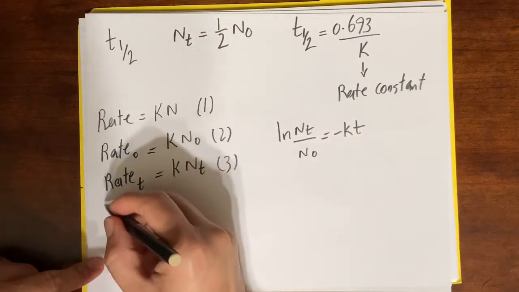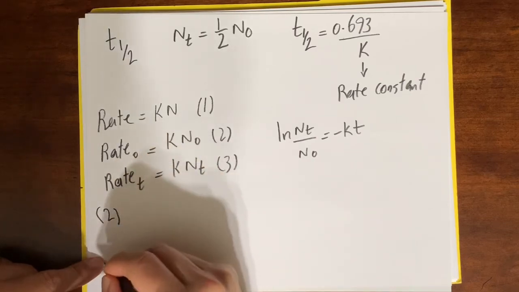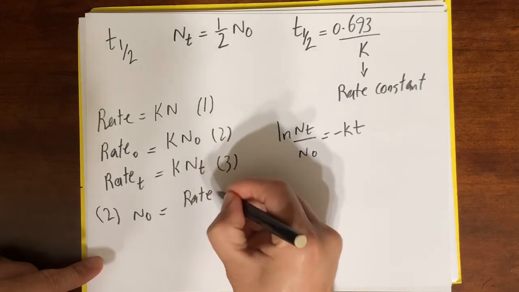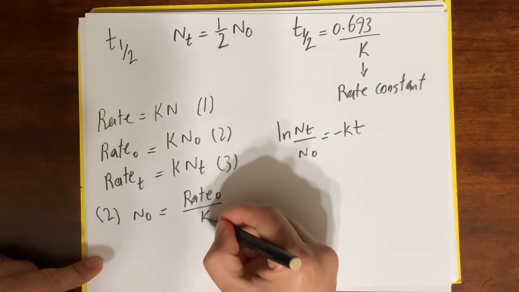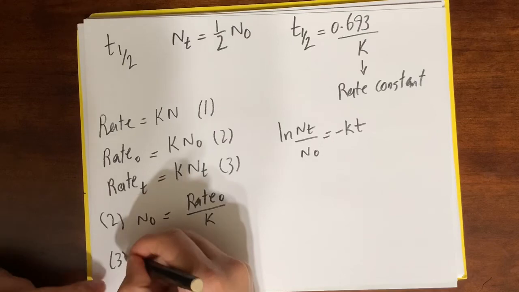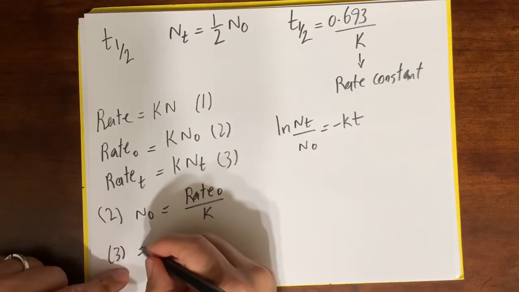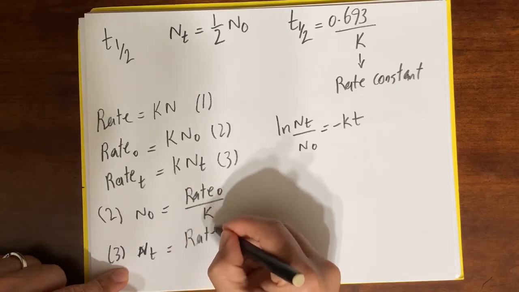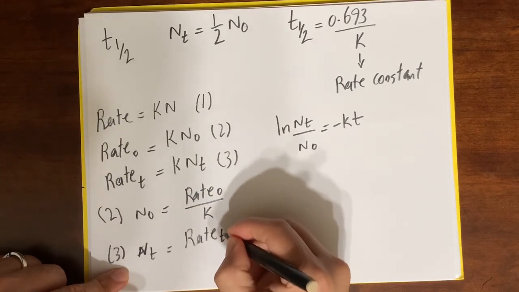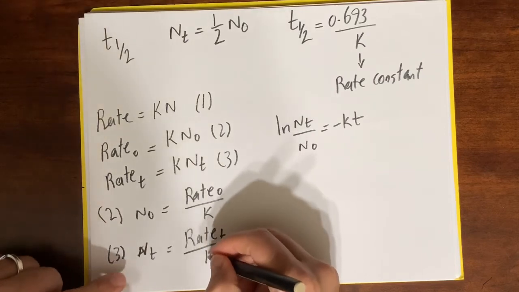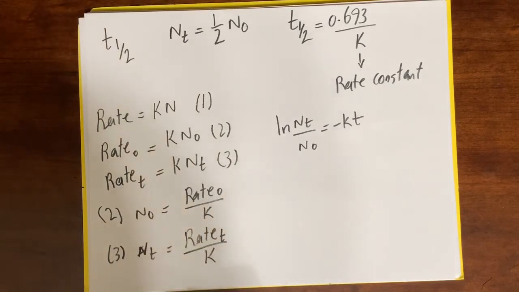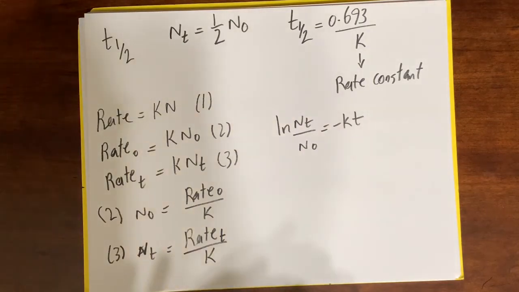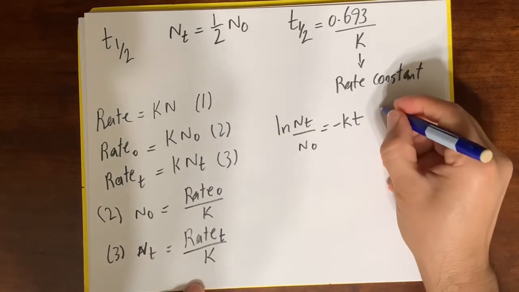So from number 2, N0 is going to be rate 0 divided by K. And from number 3, you can say NT is going to be rate T divided by K. So now let's fit this formula, let's call it 4.